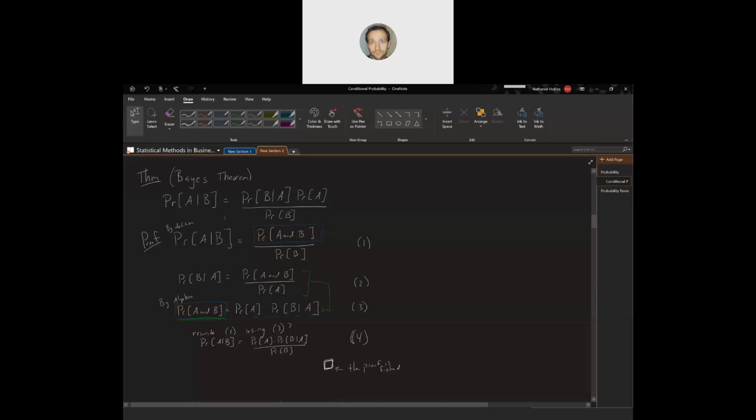So if you think of A as being a hypothesis and B evidence for that hypothesis. So the probability of global warming given this evidence that we see. What is the probability of global warming given this set of evidence?